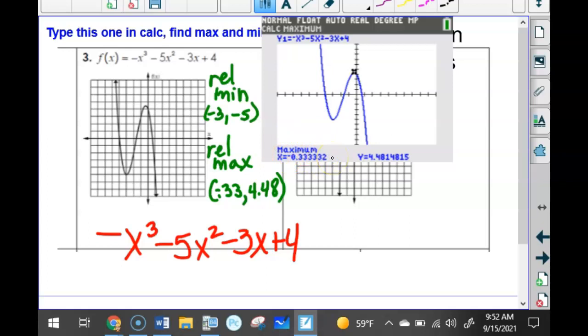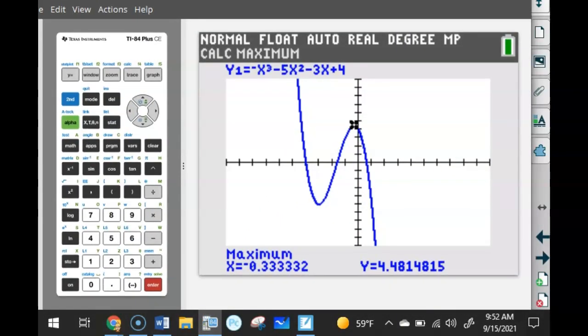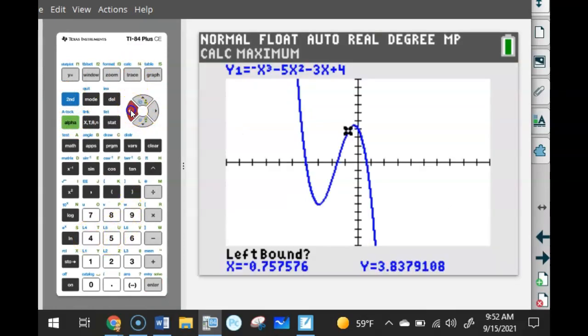Now, this can be a problem for students. Max and min gives people trouble. Let me just show you what happens. If I say second, we'll say max, and I go between here, everybody watching? And I arrow to the right a little bit and I say here, it's going to find the max.